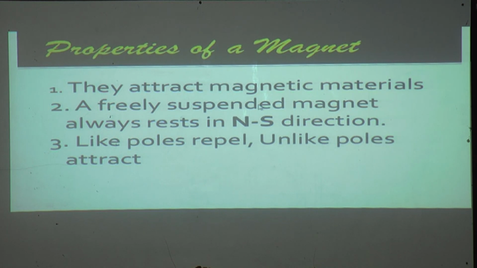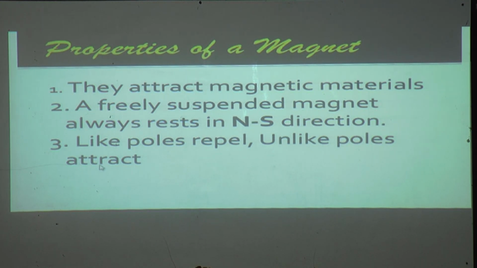We can tell which is the north side, which is south, which is west, which is east. So when we keep any freely suspended magnet, it will be at rest and will always show the north-south direction.